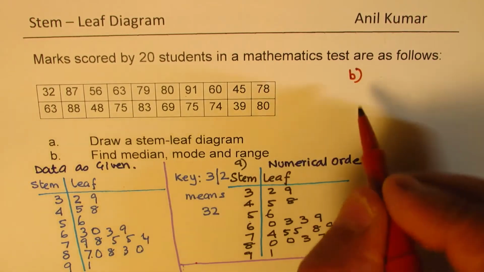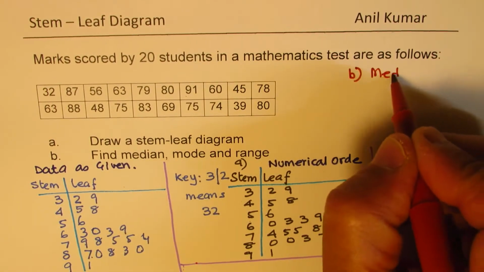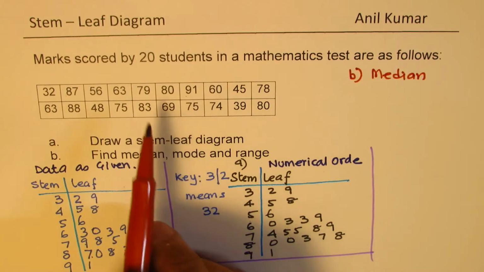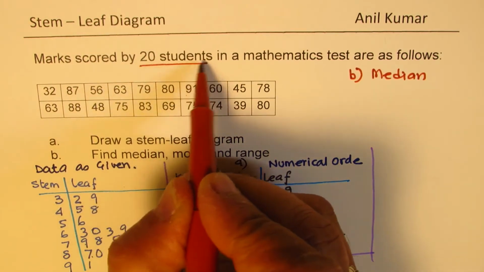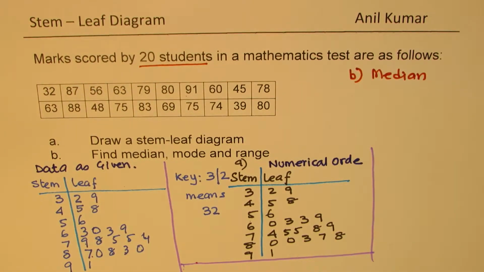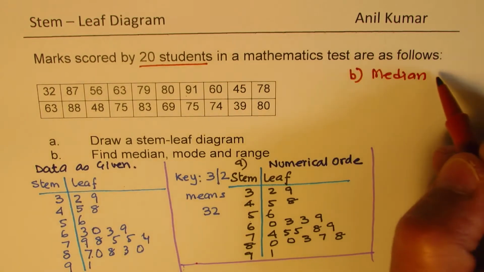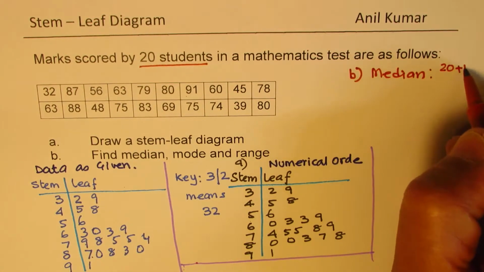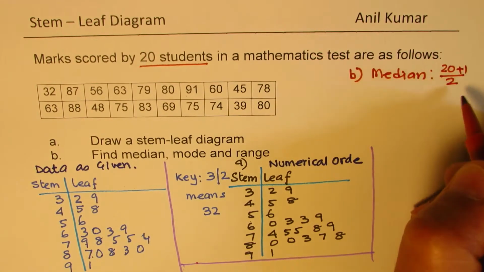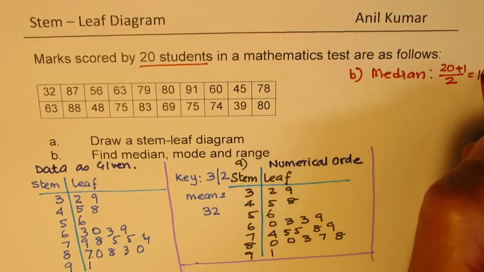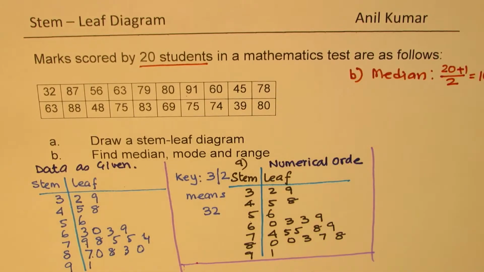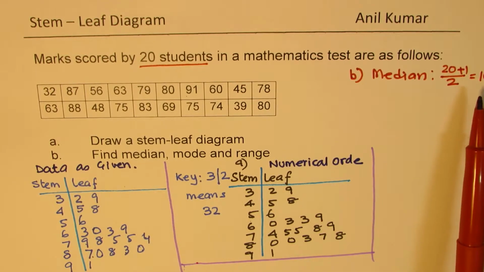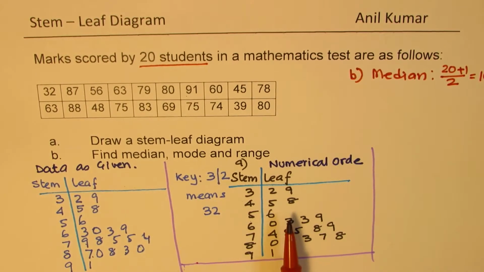First let's figure out what is median. Since we have 20 students, the middle value will be between 10 and 11. How do we find it? We'll add 1 to 20, divide by 2, and that gives you 10.5. So between the 10th and 11th, we'll have the median.